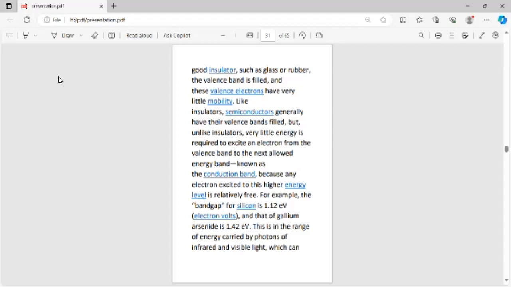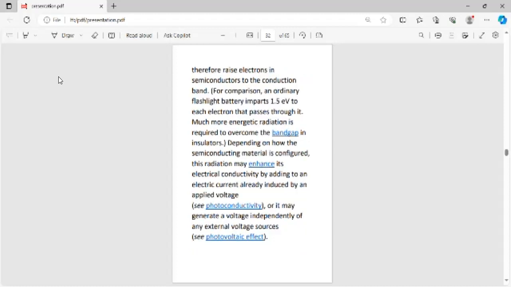For example, the band gap of silicon is 1.12 electron volts, and that of germanium is 1.42 electron volts. It is in the range of the energy that is carried by photons of infrared and visible light, which means that silicon and germanium can also be used for photoelectric effect. They can raise electrons in a semiconductor to the conduction band.